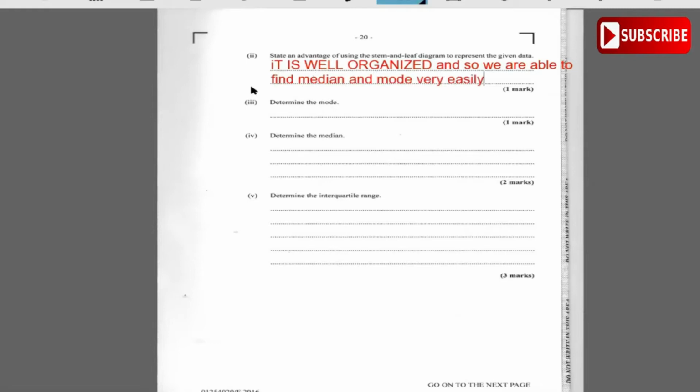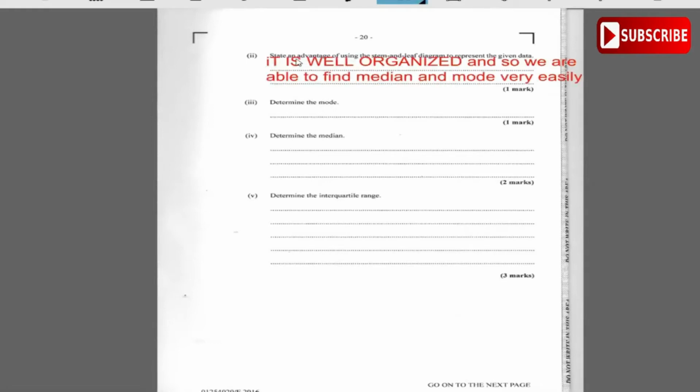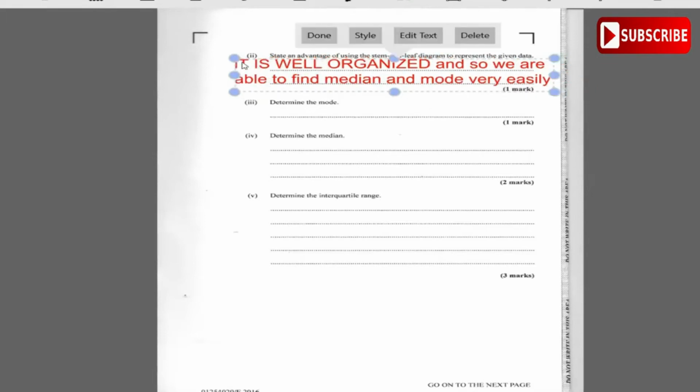That's the advantage of it. Because with the stem and leaf diagram, it is easy to find the measures of central tendency known as mean, median, and mode.